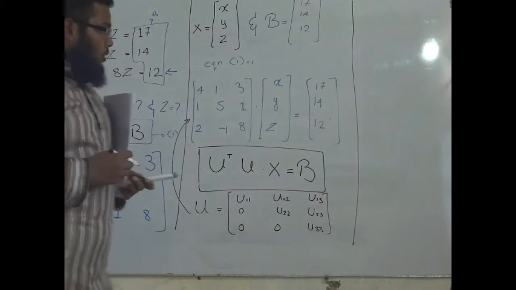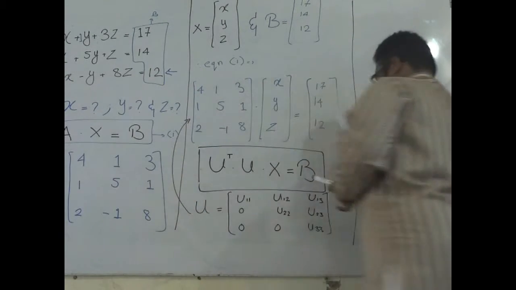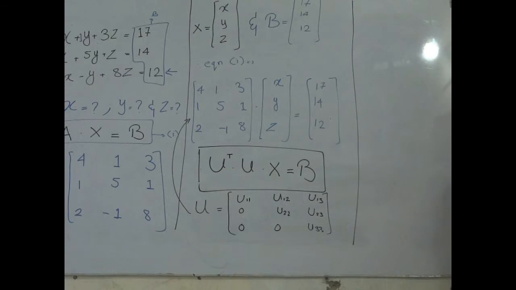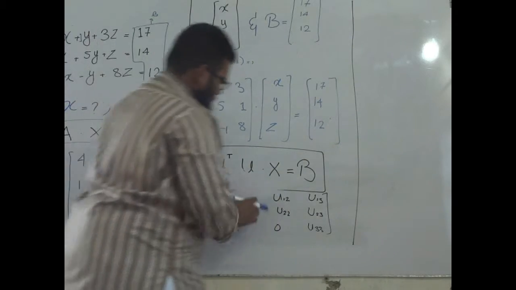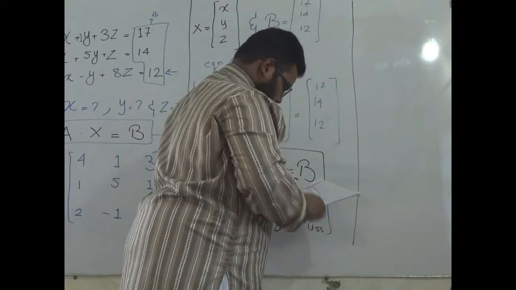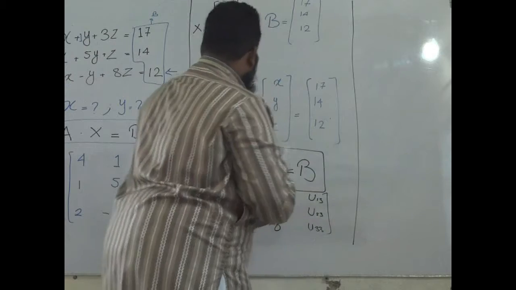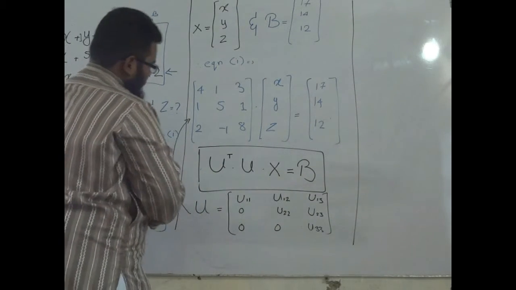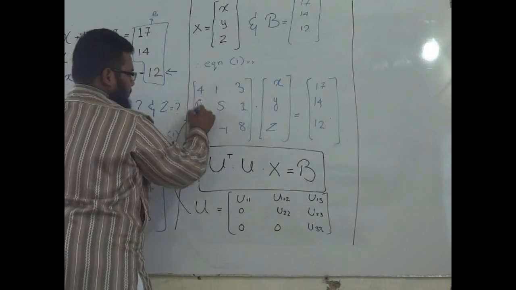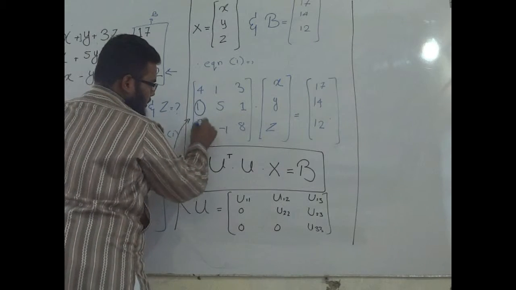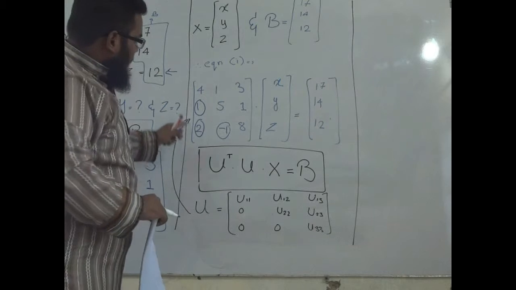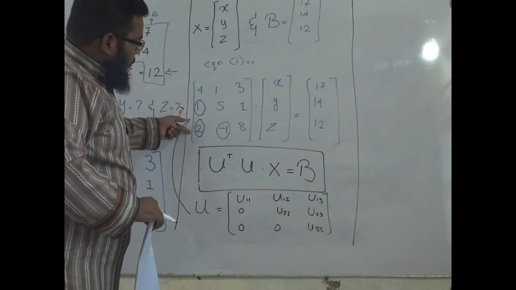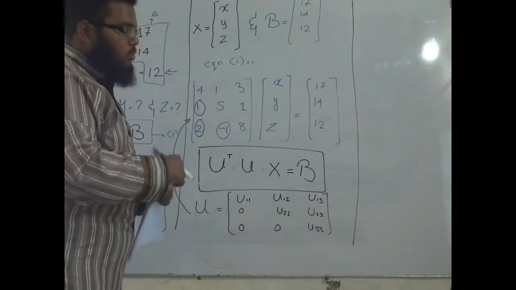Now I have to convert this into 0, this into 0, and this into 0. I have to convert 1 into 0, 2 into 0, and minus 1 into 0.